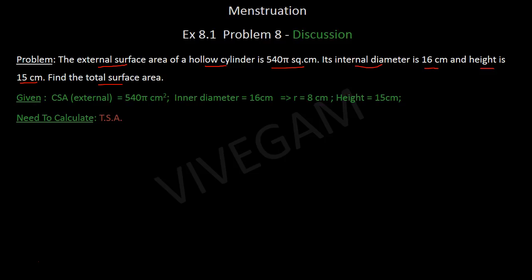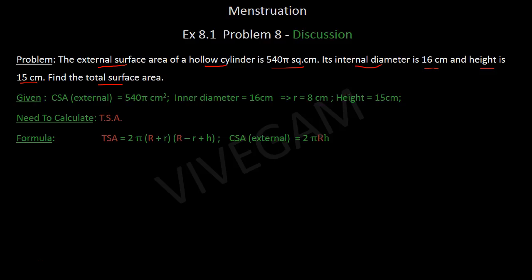What's next? Let's link a formula, total surface area, to the given information of inner diameter and the height. CSA is given extra. Let's see why they have given it a little later. Formula TSA equal to 2 pi into external radius plus inner radius, external radius minus internal radius plus height.